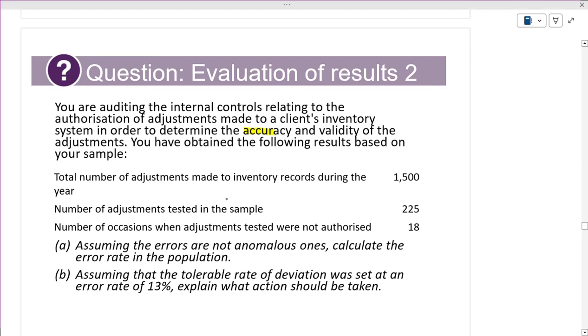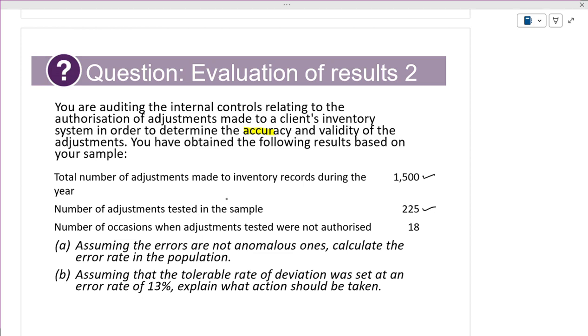How many adjustments have they made during the year? 1500 adjustments. How many adjustments have you tested? 225.